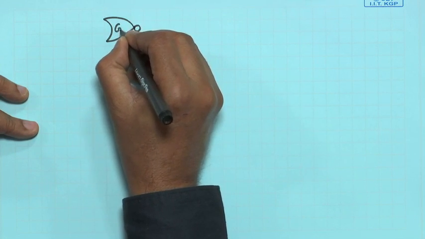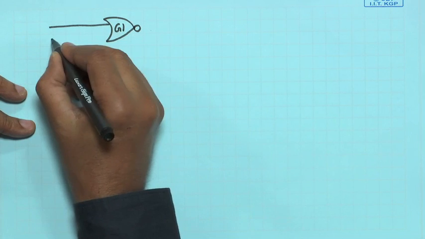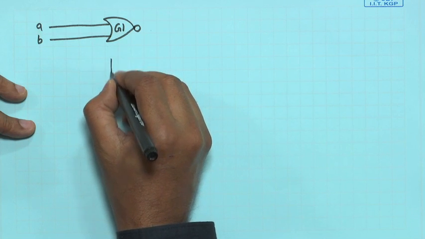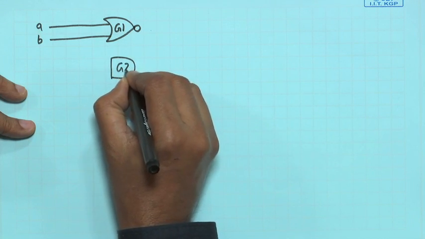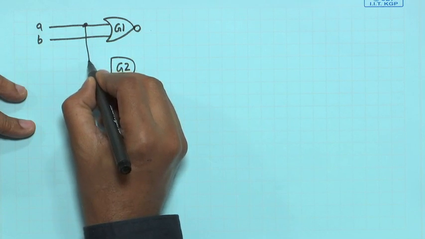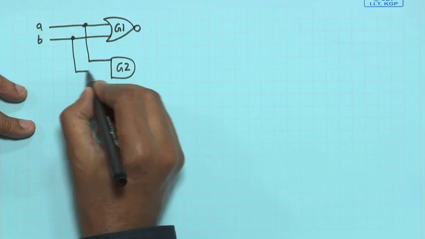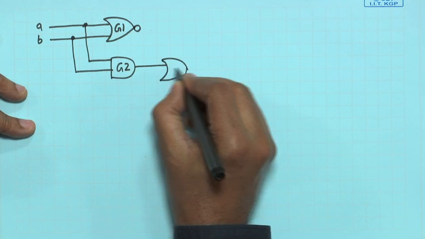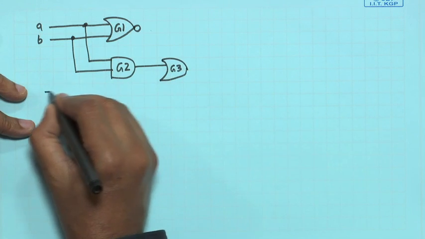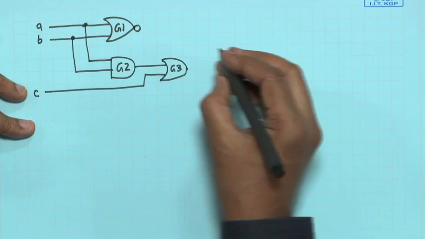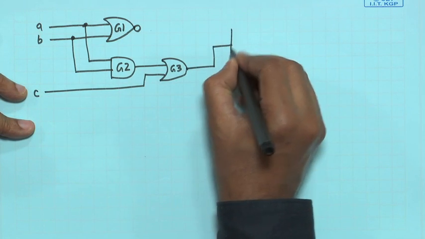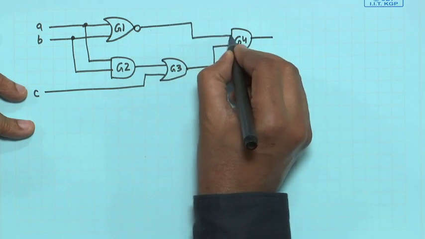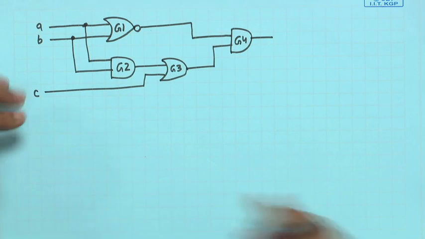Let us give some names to the gates: G2, and so on. This is the circuit which is given, this combinational circuit.